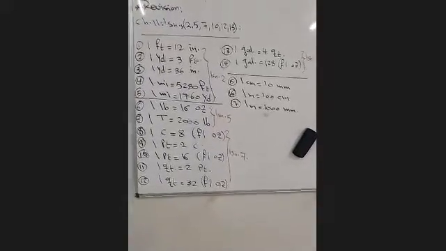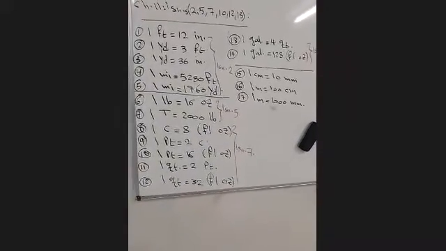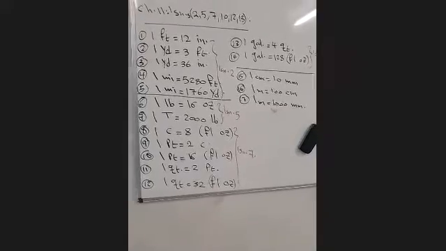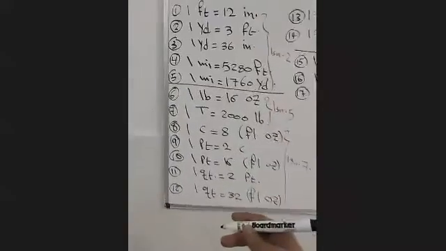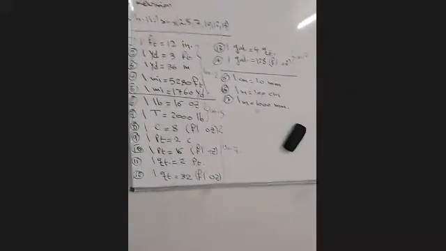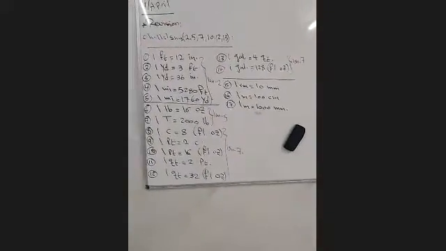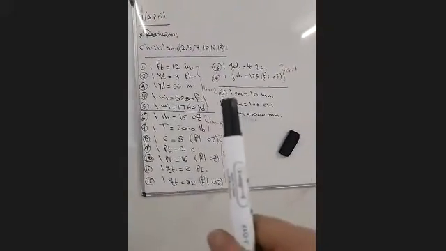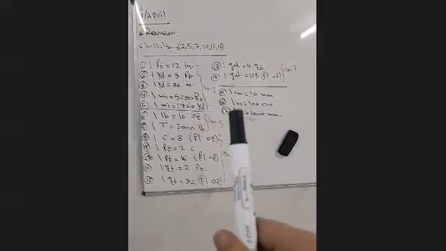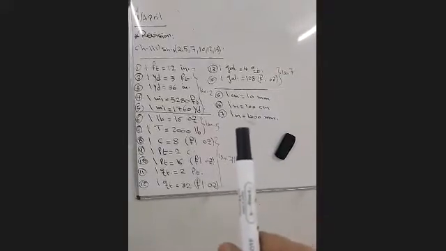Guys, it's better for you to copy it from the book, as I do now. So in lesson 10, what do we have? 1 centimeter, 10 millimeters; 1 meter, 100 centimeters; 1 meter, 1,000 millimeters.